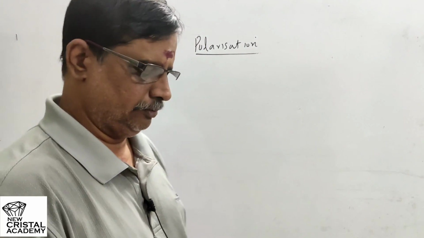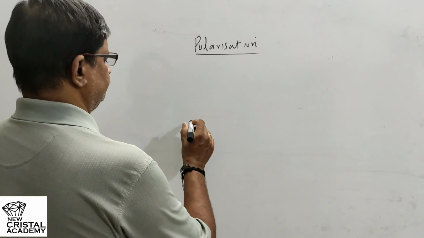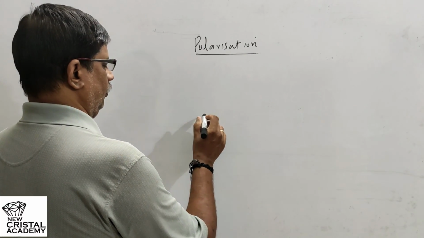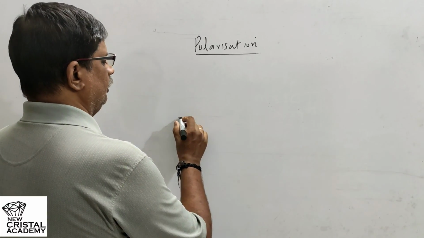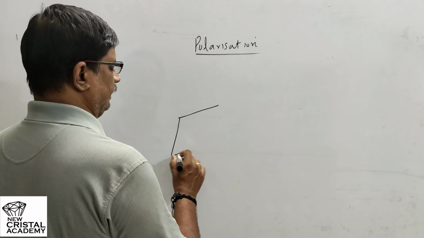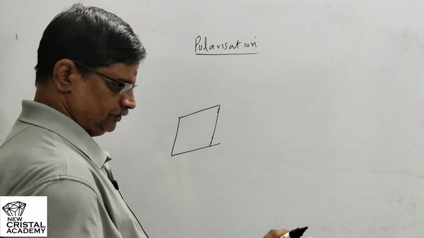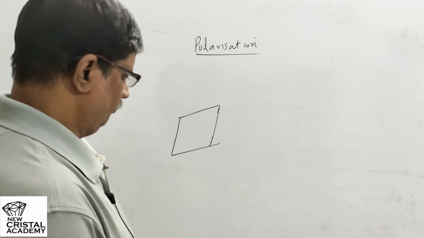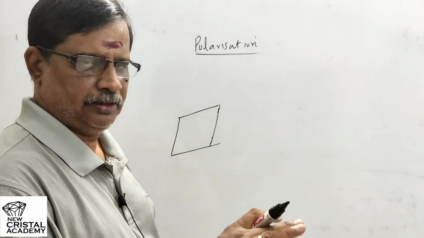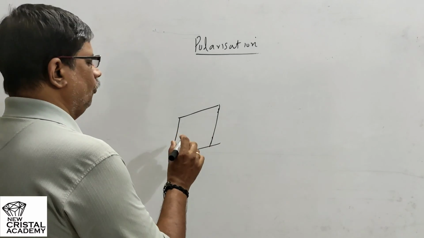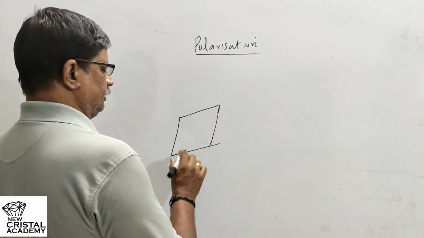Let us see what is meant by double refraction. Suppose I make a mark on a piece of paper and place the paper on a table. Then over that mark I place a calcite crystal.